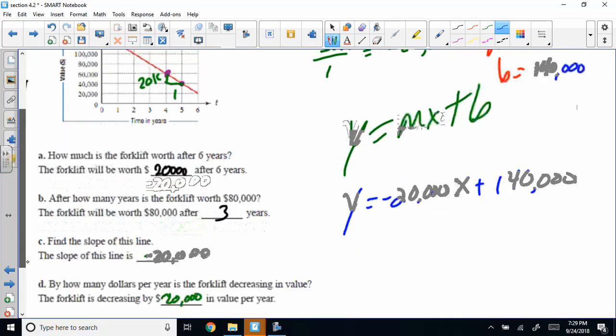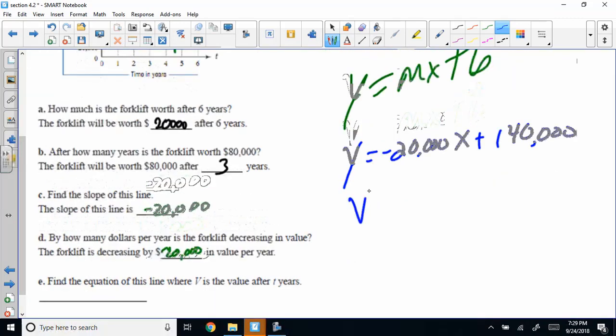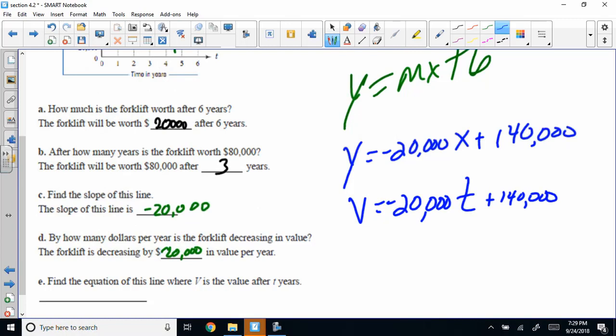All right, so V equals negative 20,000 t plus 140, right? Because they're going to nail you on that. We could write V of t. You know, I don't think so. It should just be V.